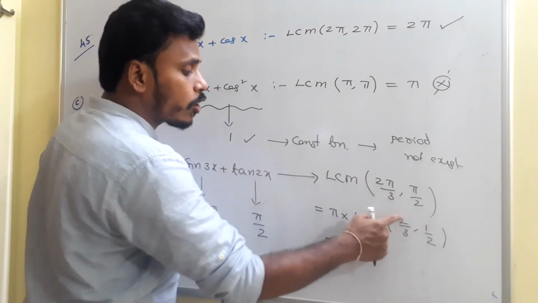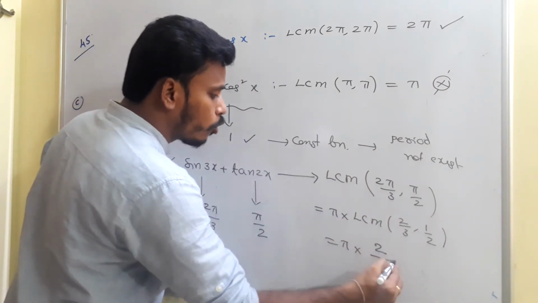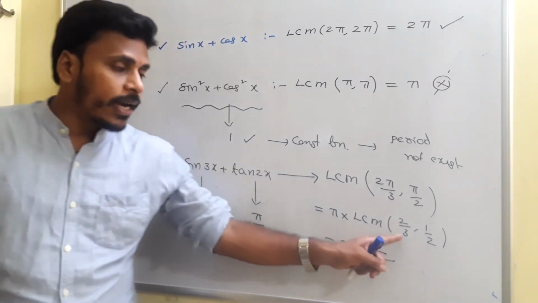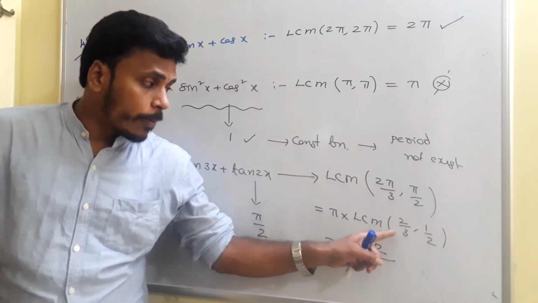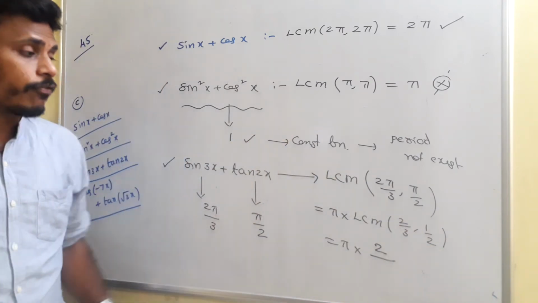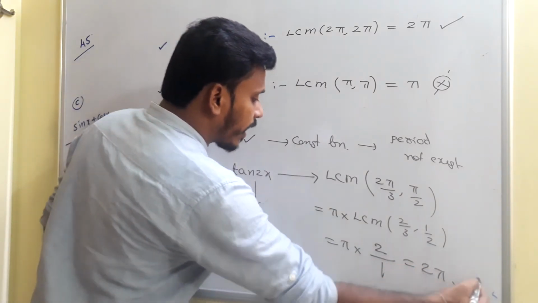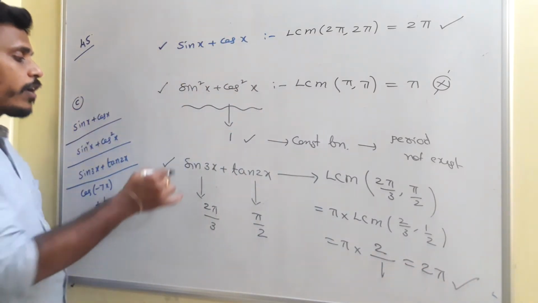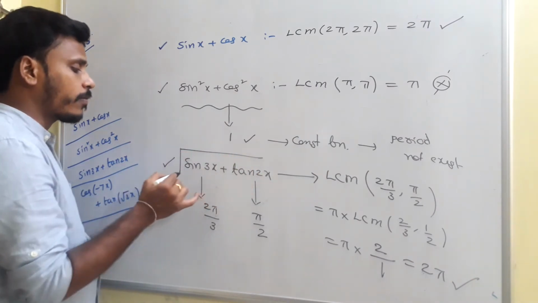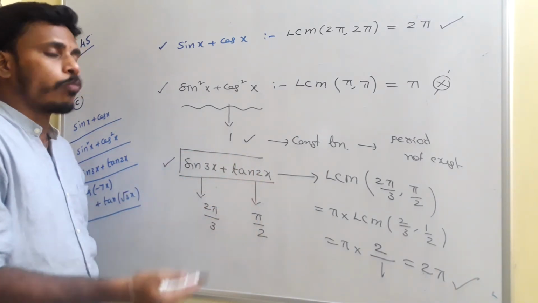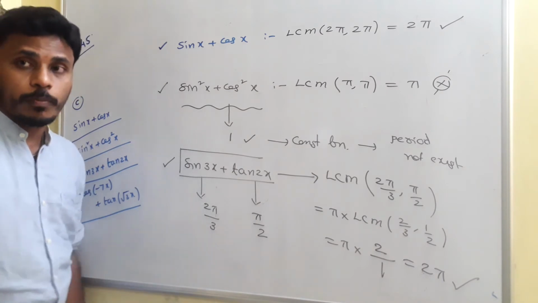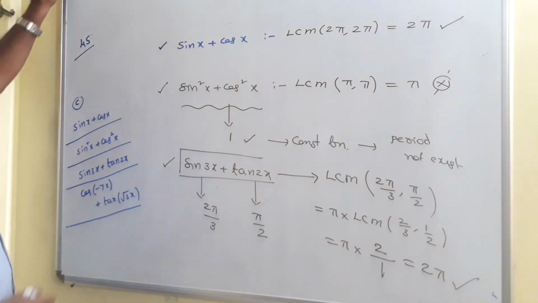Here the numerators are 2 and 1, so the LCM is 2, whereas the denominators are 3 and 2, and their HCF is 1. So this is 2 by 1 into pi, which is 2 pi. So for the function sin 3x plus tan 2x, the periodicity is 2 pi. Why? Because the LCM is 2 pi. Okay, so these are different examples to discuss.